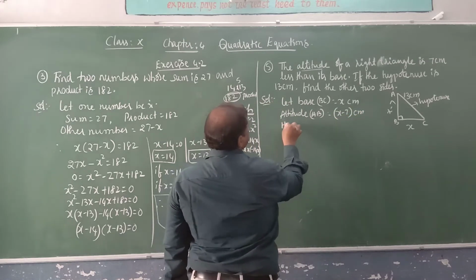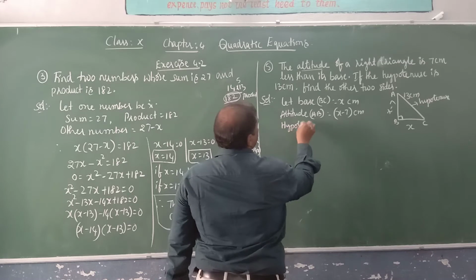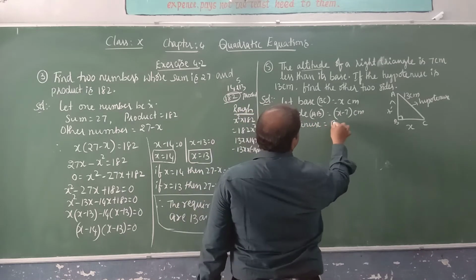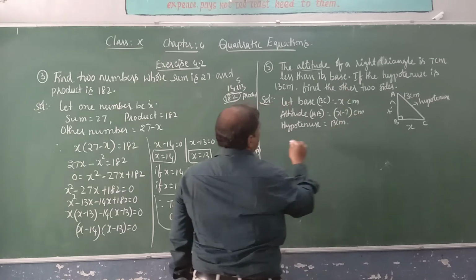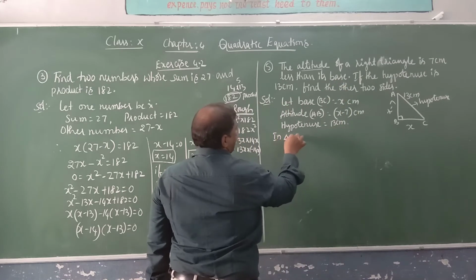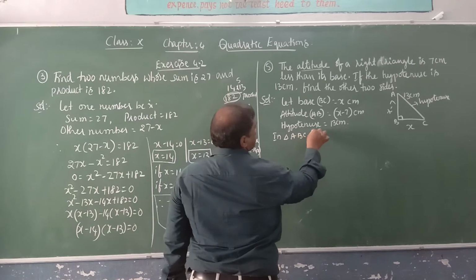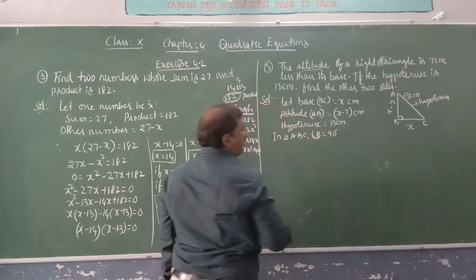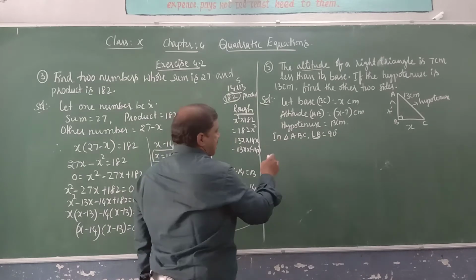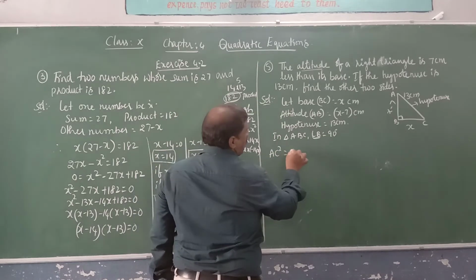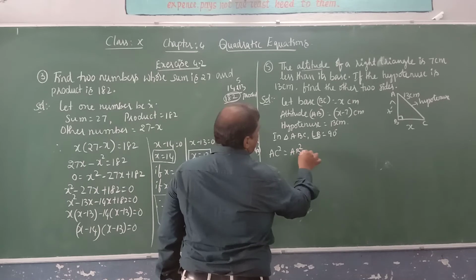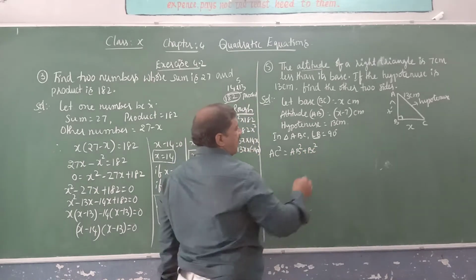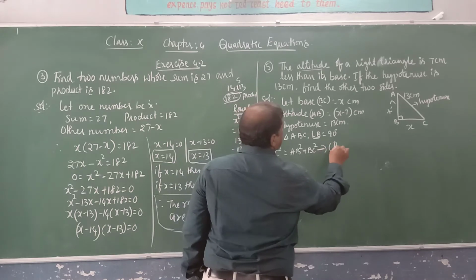Hypotenuse is 13 centimeters. Now in triangle ABC, angle B is equal to 90 degrees. So apply the Pythagoras theorem: AC square is equal to AB square plus BC square.